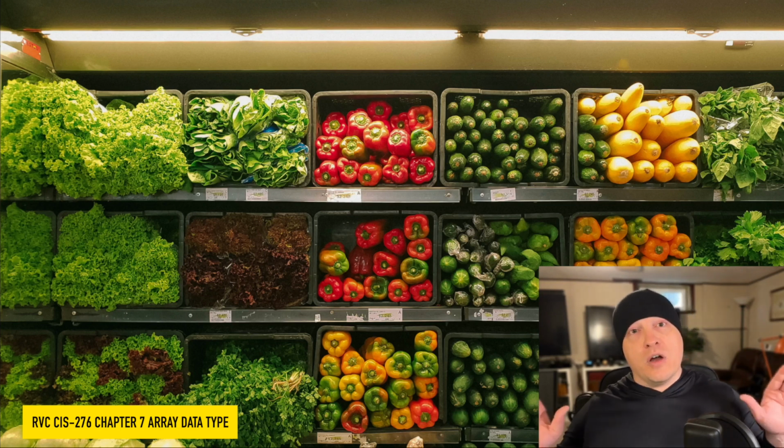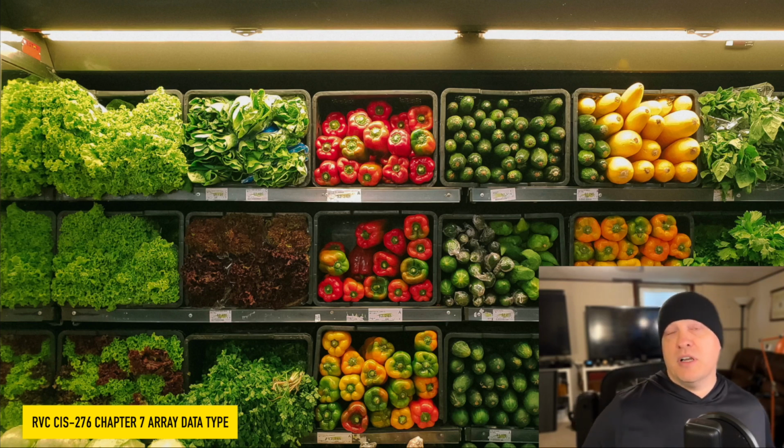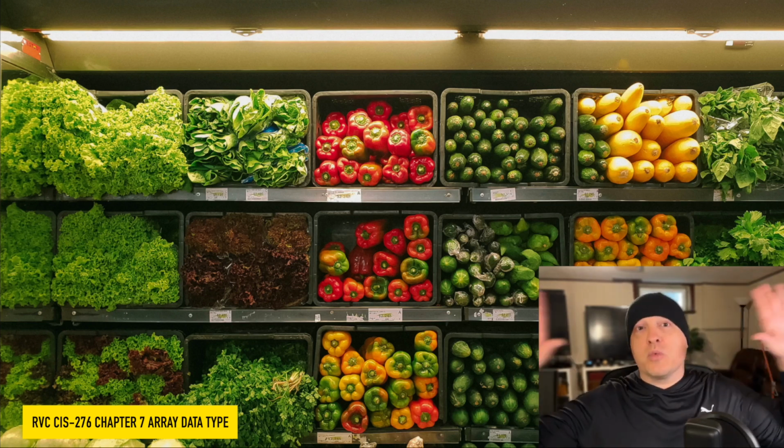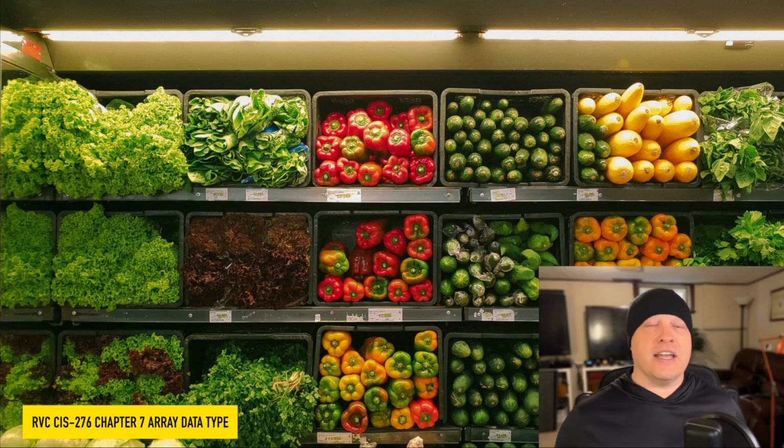Now, the array is something that we have seen time and time again throughout just our experience in life in general. The way we structure our lives is around the idea of grouping similar items. When we go to a grocery store, everything is an array.